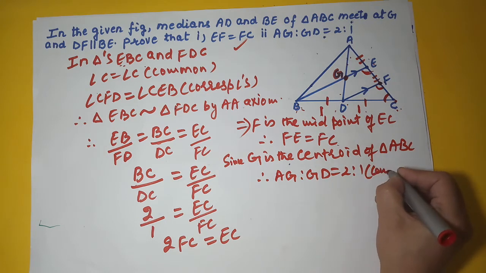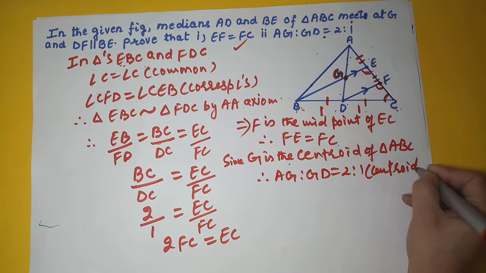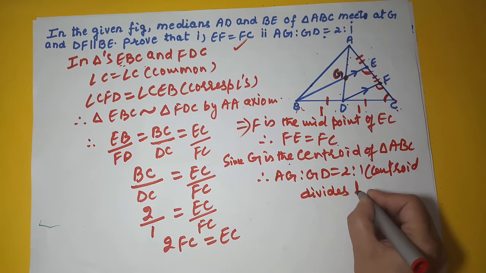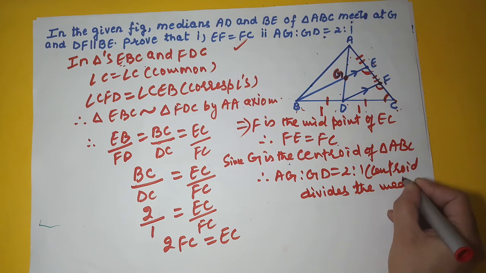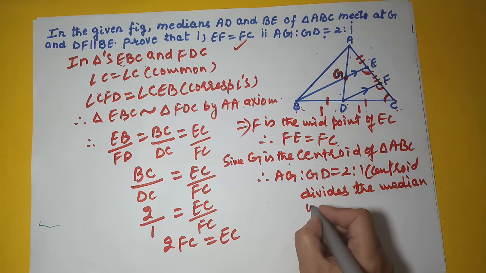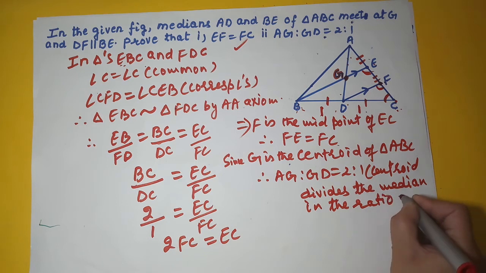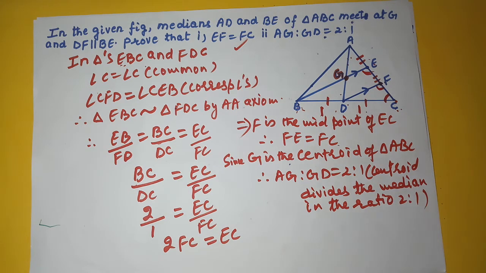Reason, centroid divides the median in the ratio 2:1.